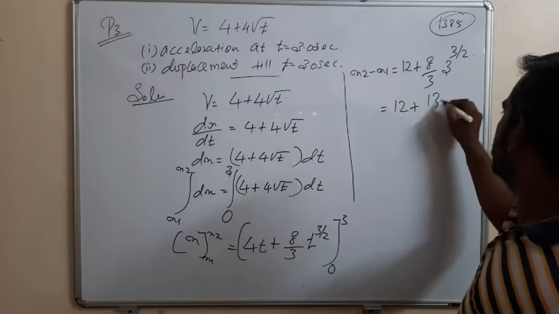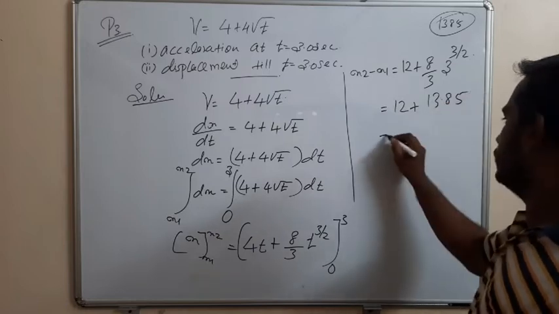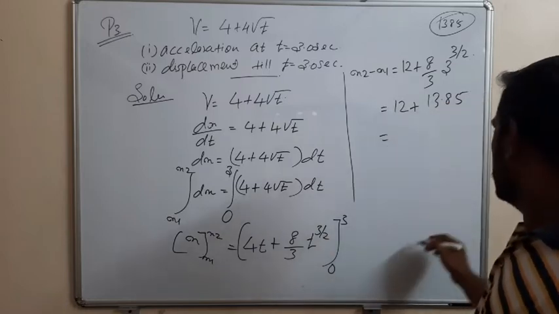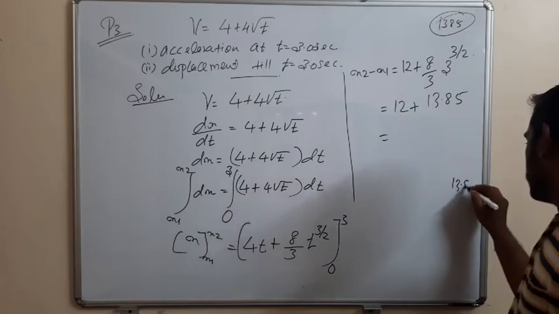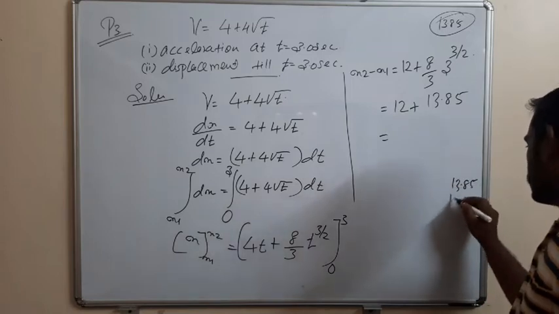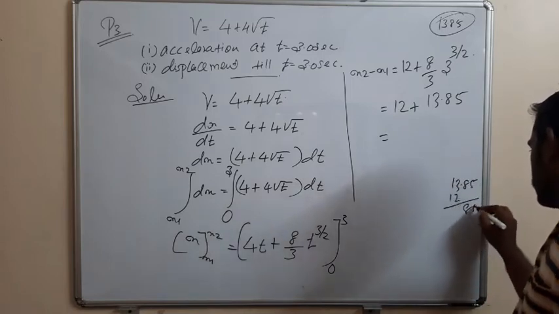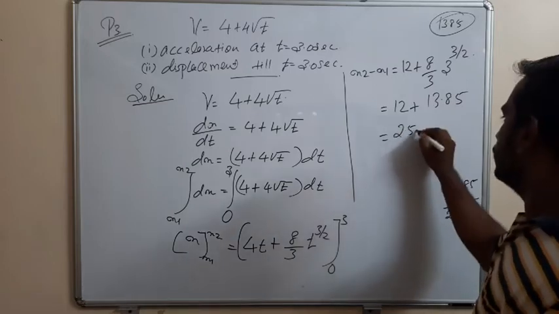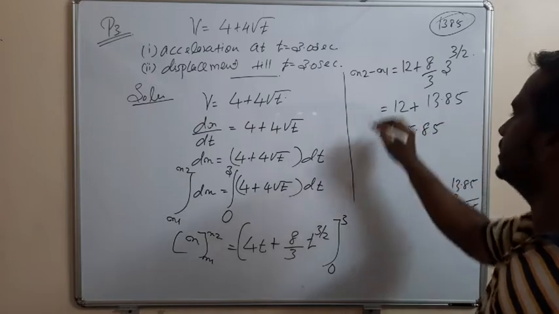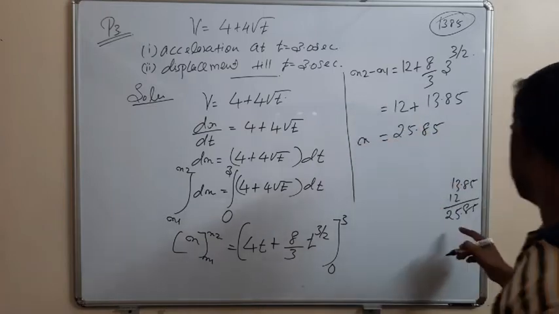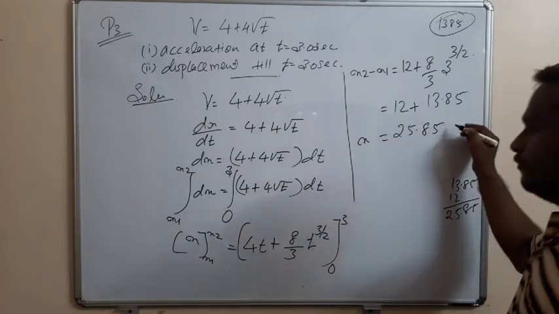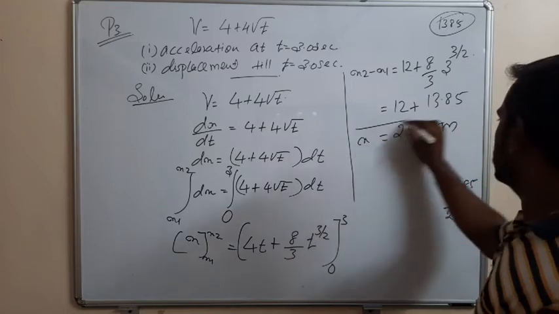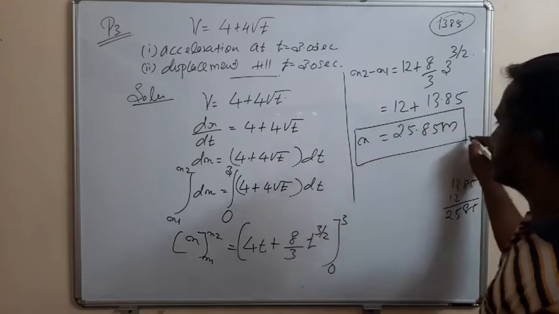You will get 13.85, so that is equal to 25.85. That is x2 minus x1, that is the displacement. 25.85 meter. This is the answer.